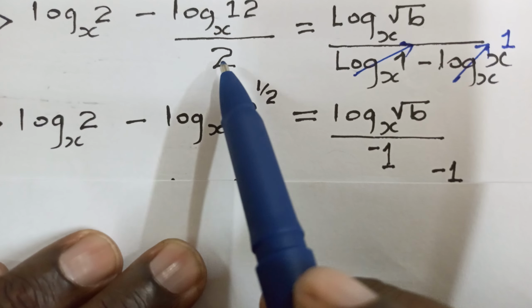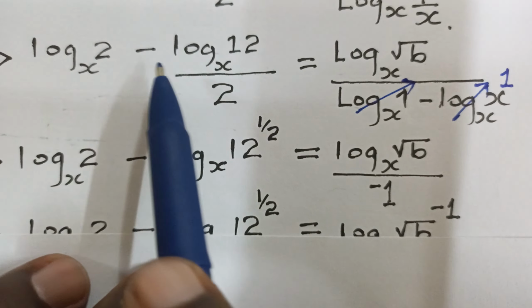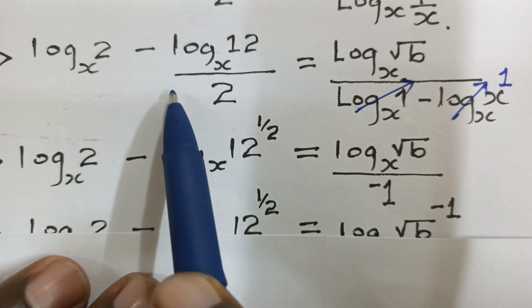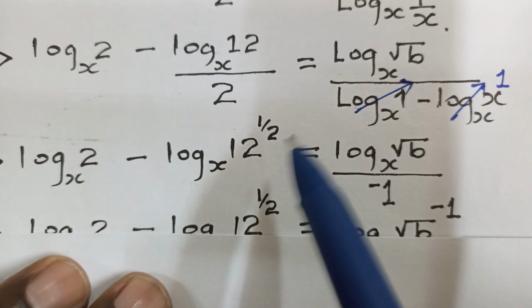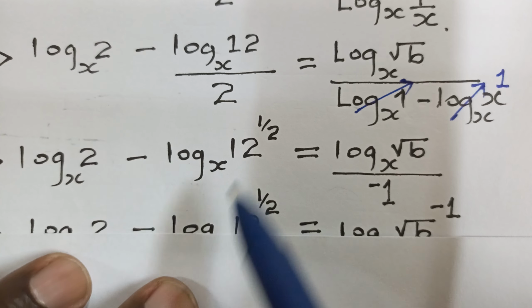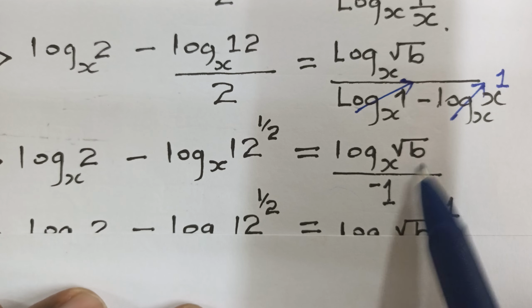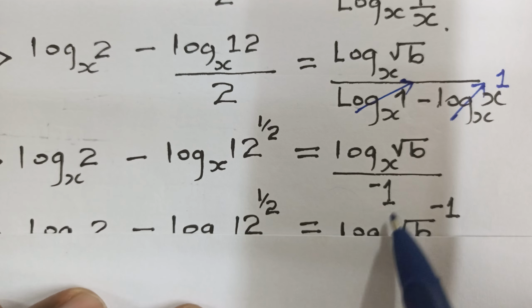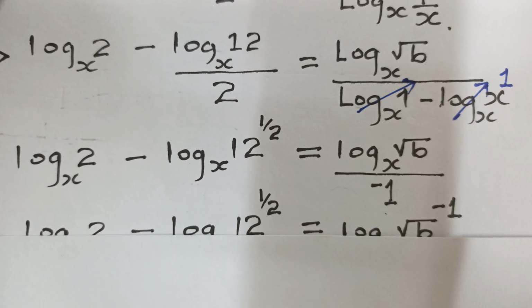This 2 is like now writing a half right here. So this half, that is 1 over 2, can go up there to become the power of 12. On this other side, we have log square root b to base x all over negative 1, even as we had found right here. And then we continue.